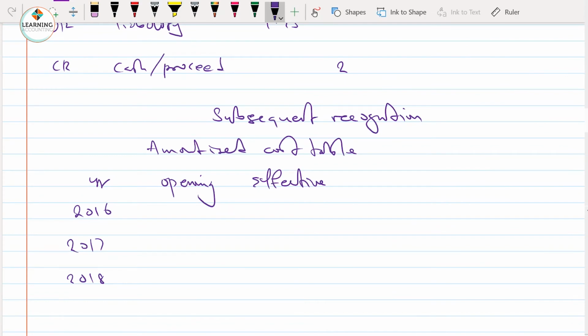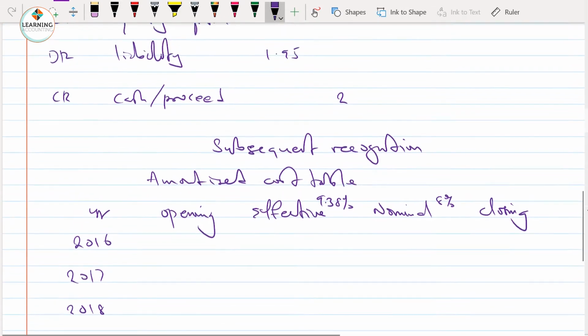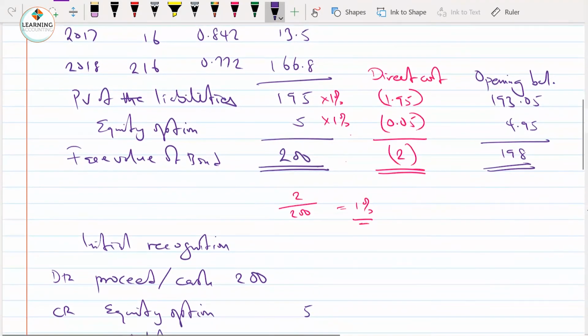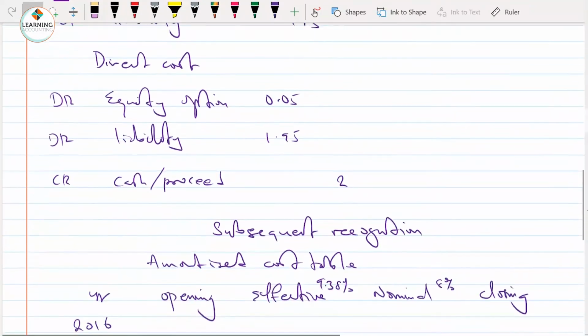So we have here, let me just note it down, 9.38%. We have the nominal. Nominal is already constant on the face value, which is 8%. And we have the closing. So, opening, what do we have? We have 193.05.